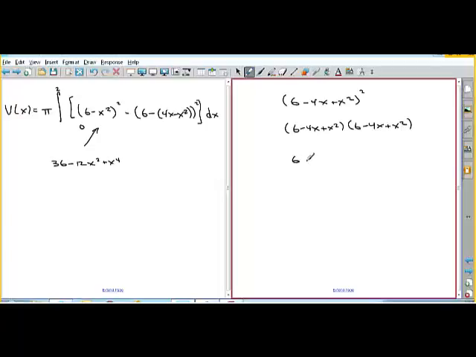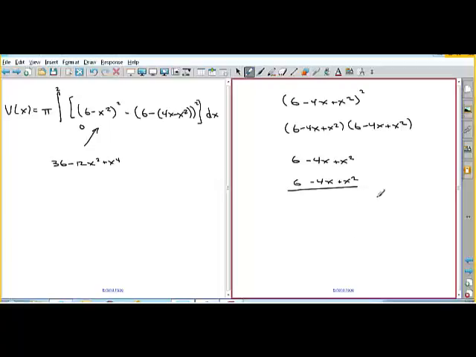Another way you can do it is kind of a modified multiplication here. It's basically the same thing. It's just a way of keeping track of the like terms easier.